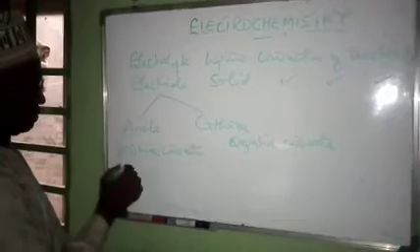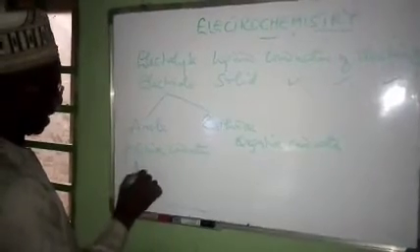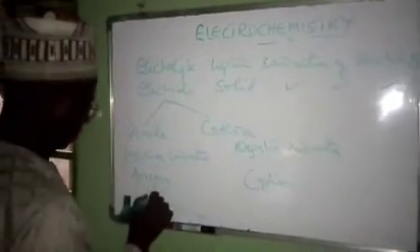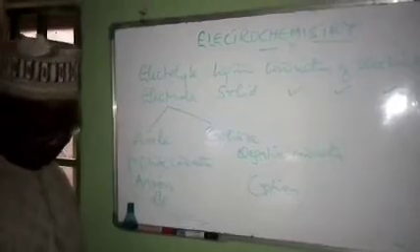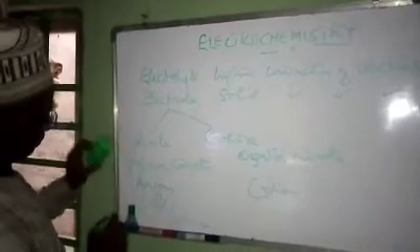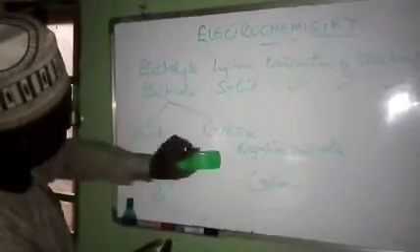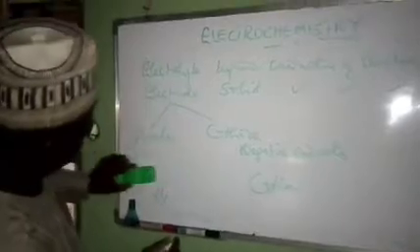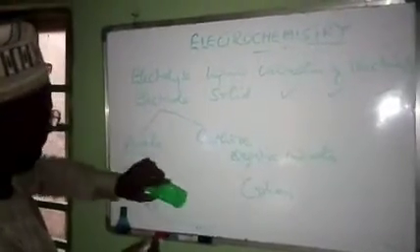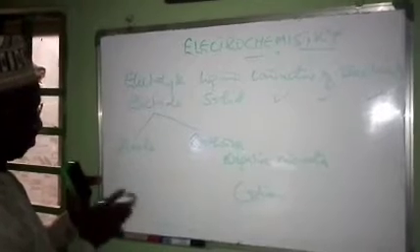Now, there are other terms, that is the anion and the cation. What is the anion? Anions are ions that migrate to the anode during electrolysis.